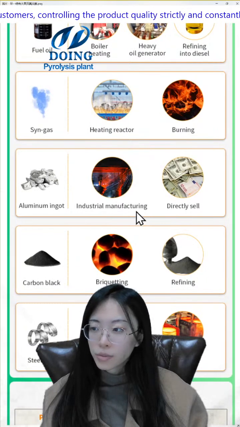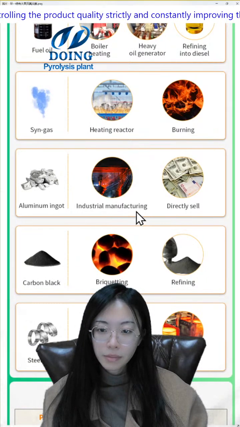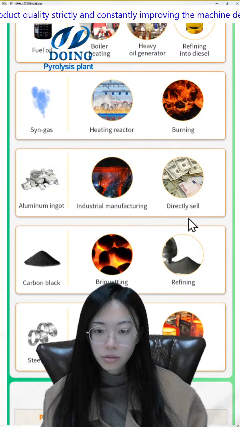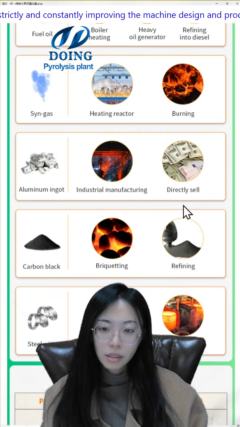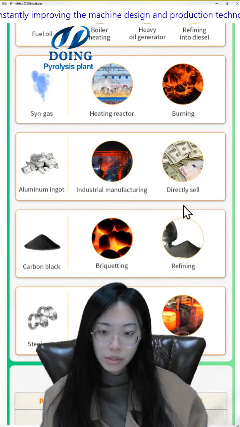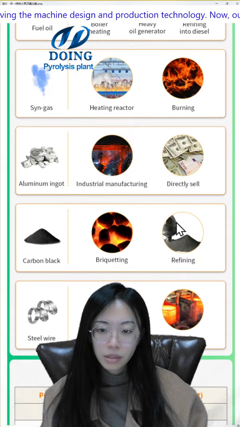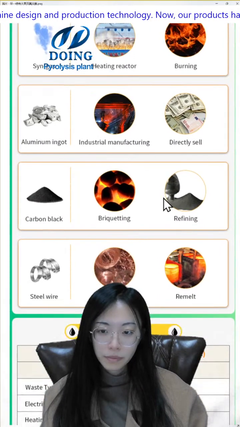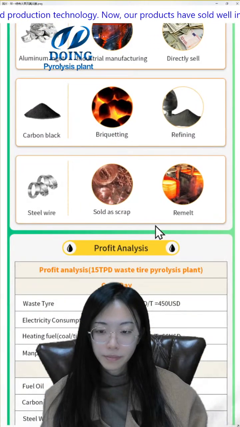In industrial manufacturing, you can use the aluminium ingot or directly sell it. You can sell it at the waste metals recycling market or to fireworks factories. They will be the raw material of the aluminium.